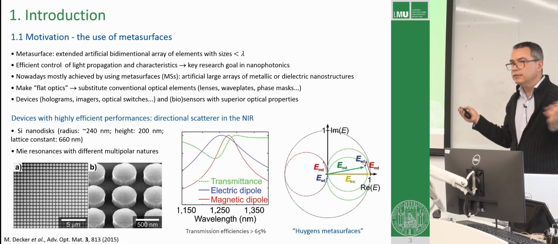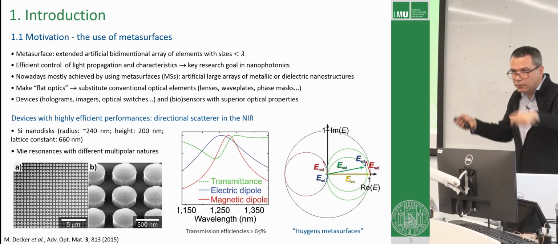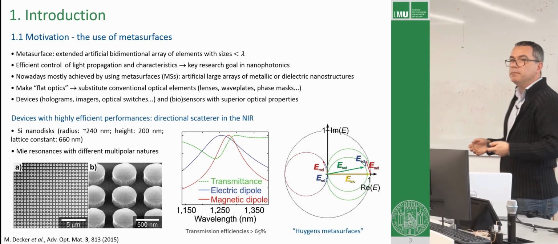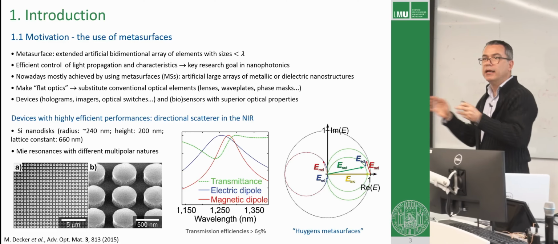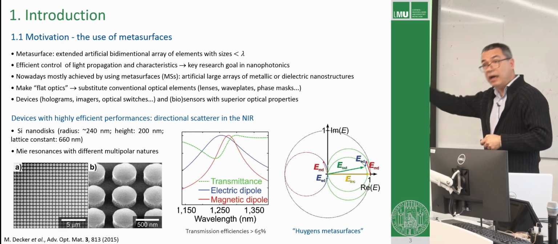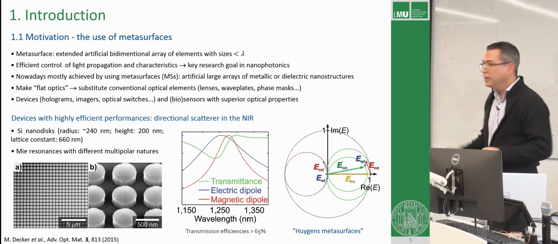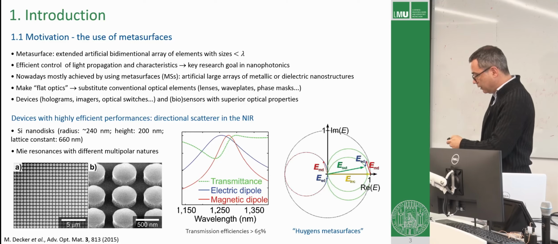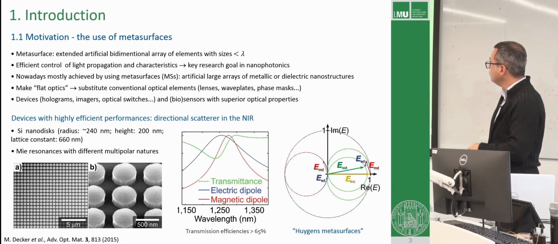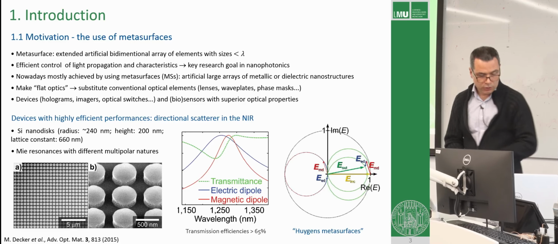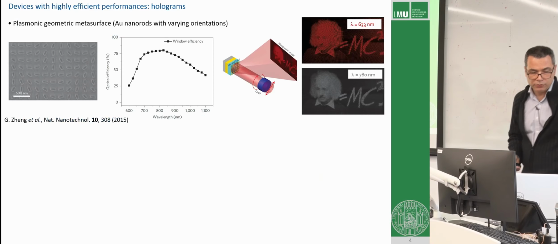This is nothing special, it comes from scattering theory, but it is an important thing because many times you want to shine light on the surface and have a large transmittance, but also sometimes you want to have a large reflectance. And there is also another similar condition which makes the metasurface strongly reflecting. So this is one application.